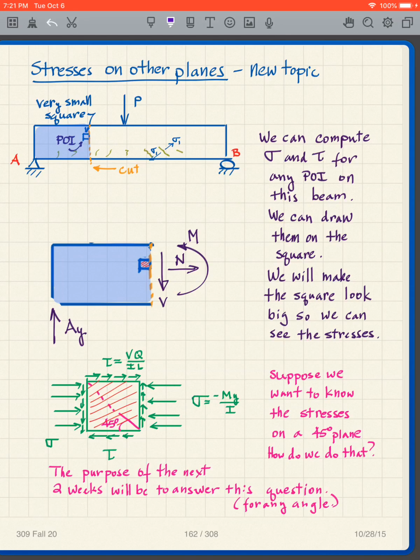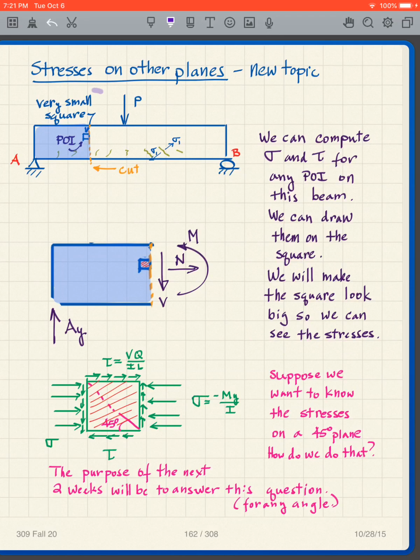And so we can get the sigma and tau, and then we can draw them on this square. So this is my square here, and I'm going to draw the sigma and taus that we calculated on that little square. And like I say, we will make the square look big so we can see the stresses. So I have to draw it bigger than it is. It's really meant to be tiny.